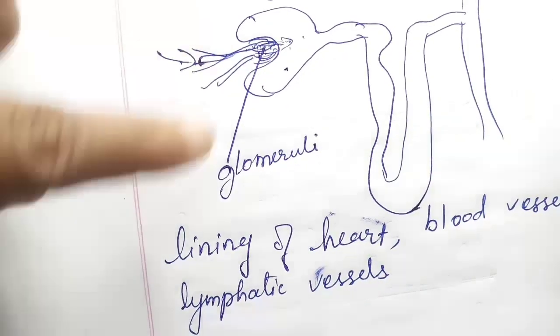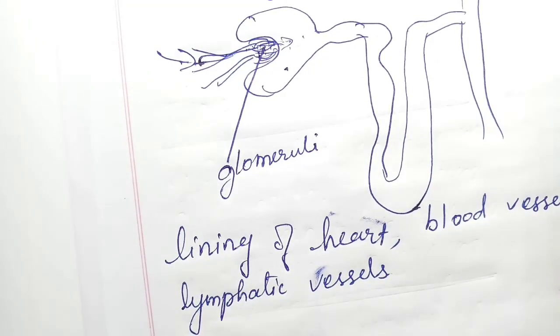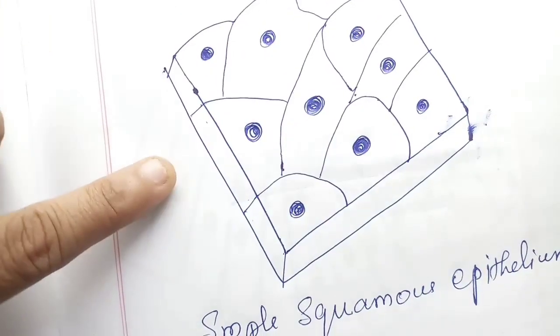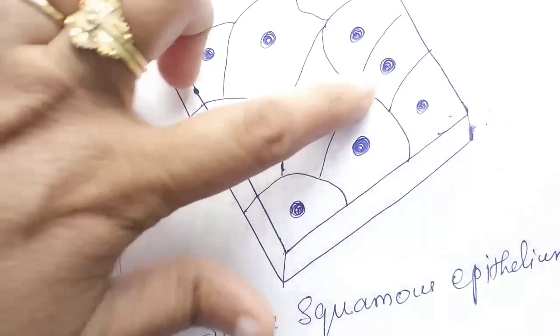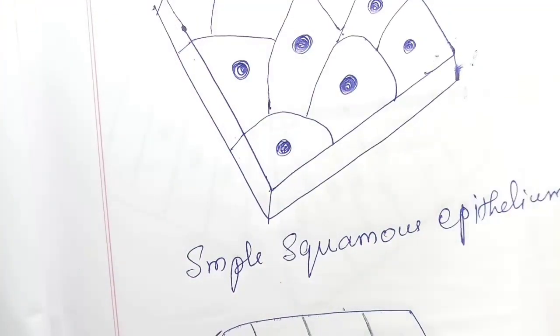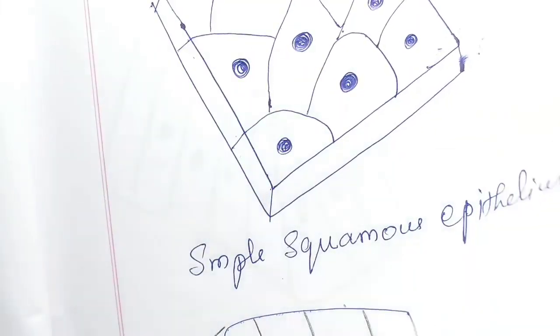In these parts you can see squamous epithelium. See here, this is the structure of squamous epithelium. These are the irregular boundaries, and you can see only one layer of cells is there. This is also a thin layer.